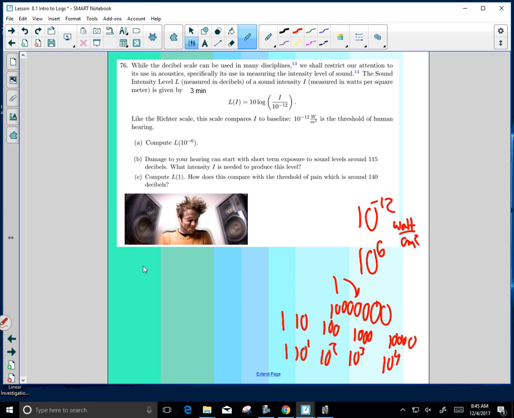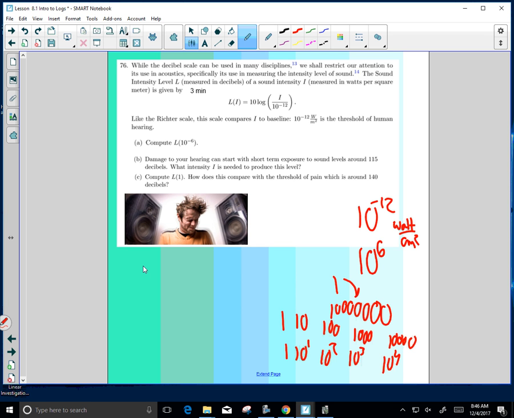All right, so for the Richter scale, we're looking at a huge expanse. I'm sorry, decibels. 10 to the negative 12 is what we're comparing to. We want to find out what this 10 to the negative 6 is.